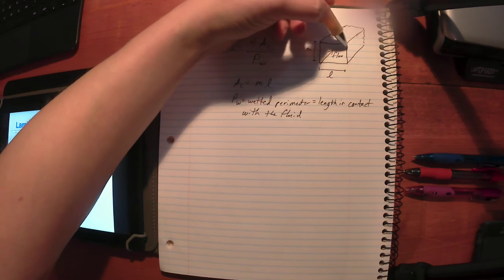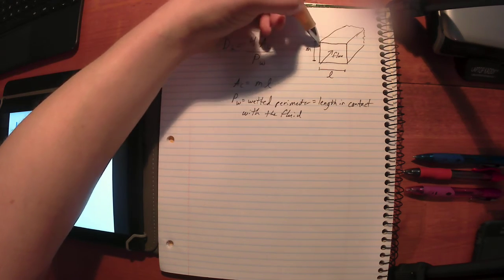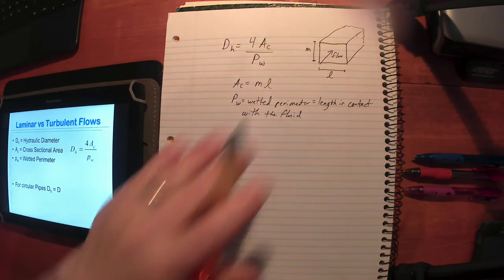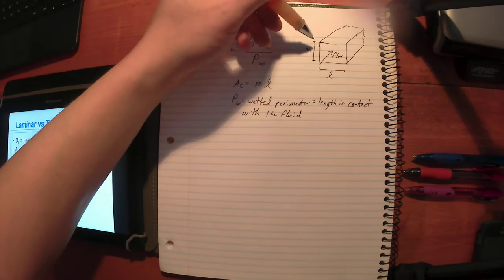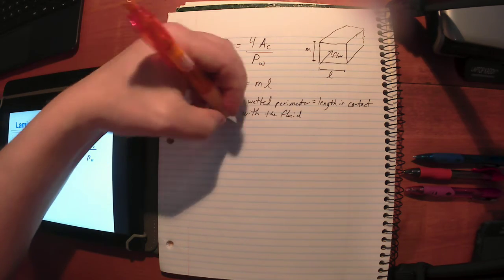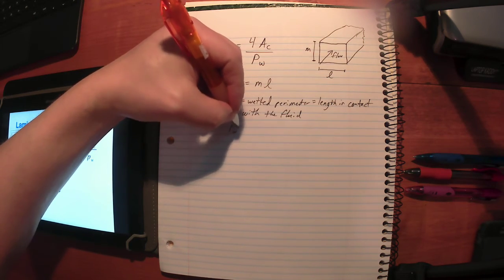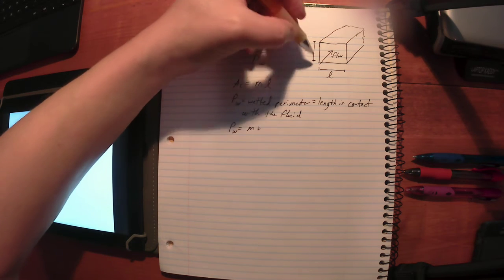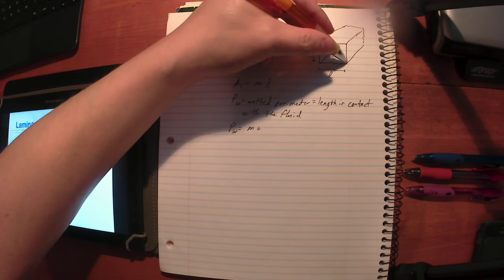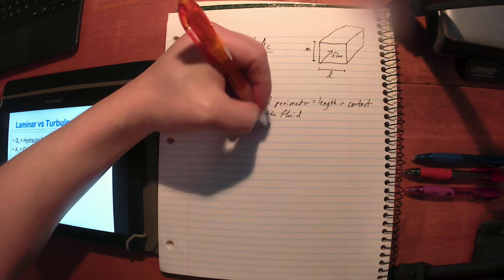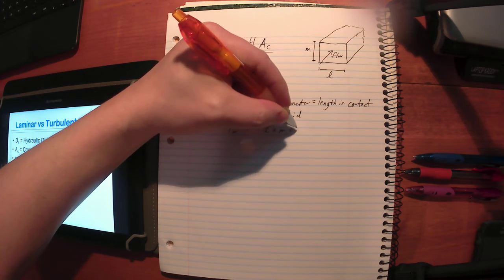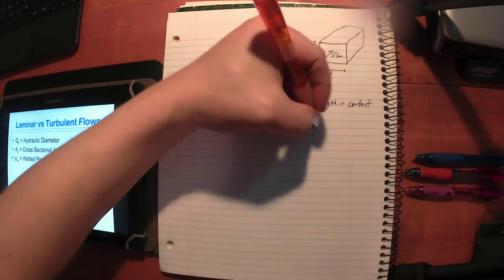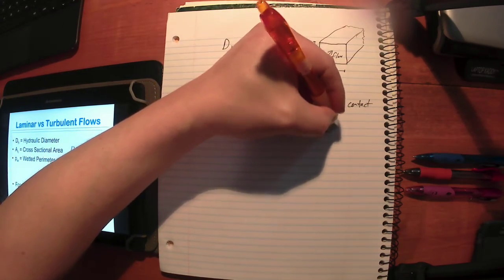So you go around this cross-sectional area and you add up all of the lengths that are touched by the fluid. If the conduit is completely filled, the entire length is going to be wetted. It's going to be in contact with the fluid. So that is M. And so starting here, you're going to go M, L, M, L. Right? So it's M plus L plus M plus L. M on both sides, L on both sides. So this is 2M plus 2L.